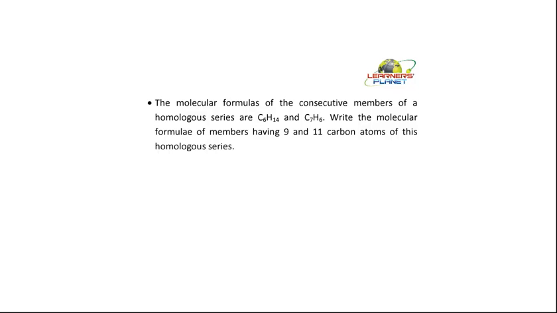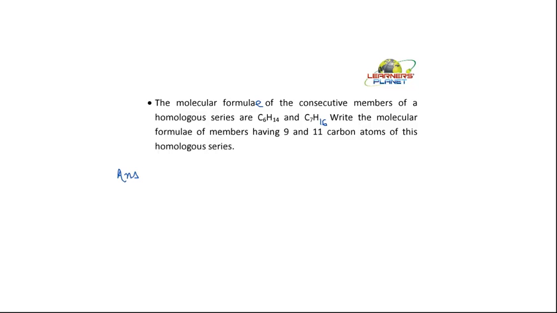The next question is, the molecular formulae of the consecutive members of a homologous series are C6H14 and C7H16. Write the molecular formulae of the members having 9 and 11 carbon atoms. So this is which series, students? Whether this is a series of alkane or alkene or alkyne, we need to work out that first.